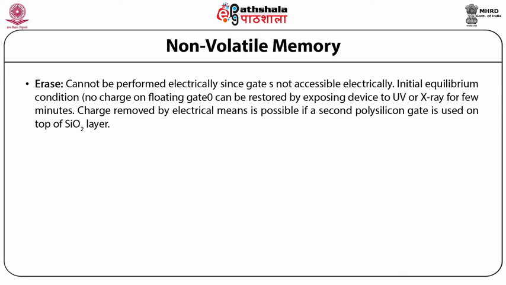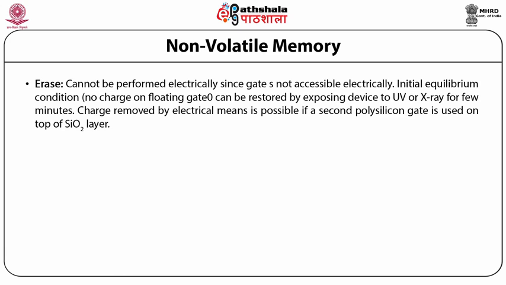Let us discuss about the erase option. This cannot be performed electrically since the gate is not accessible electrically. So the initial equilibrium condition, that is no charge on the floating gate, can be restored by exposing the device to UV or X-ray for a few minutes.